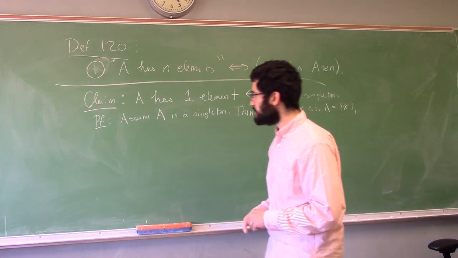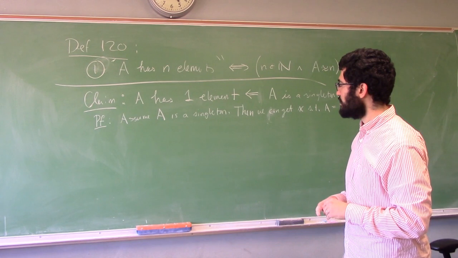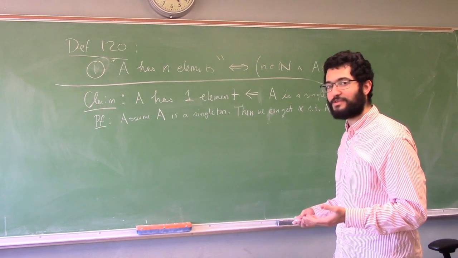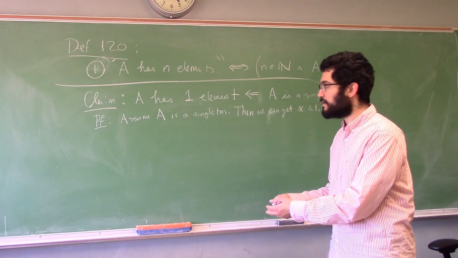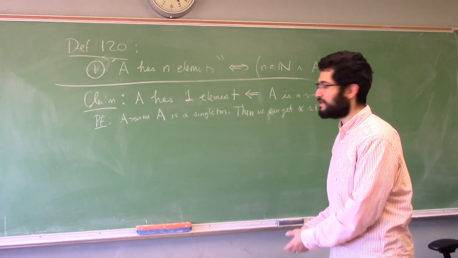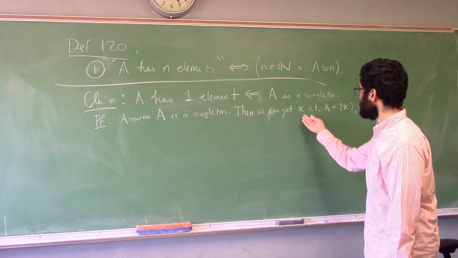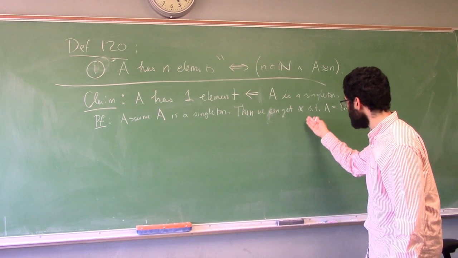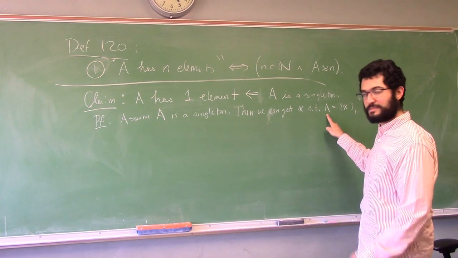Okay, so this is something that I think it's strange we haven't done very frequently in this course: building a function, constructing a function that does things you need to demonstrate things. So here we have to do it. We have to build a function from A to 1 that is bijective.